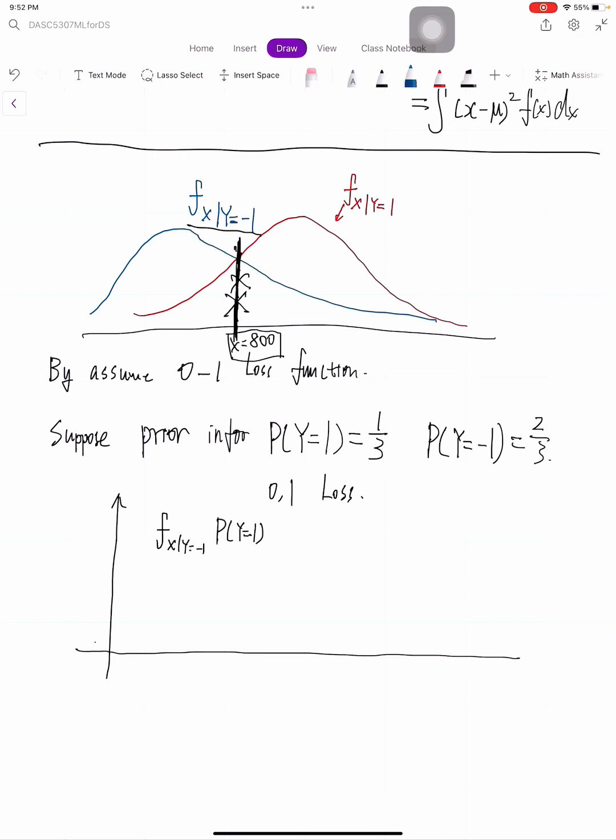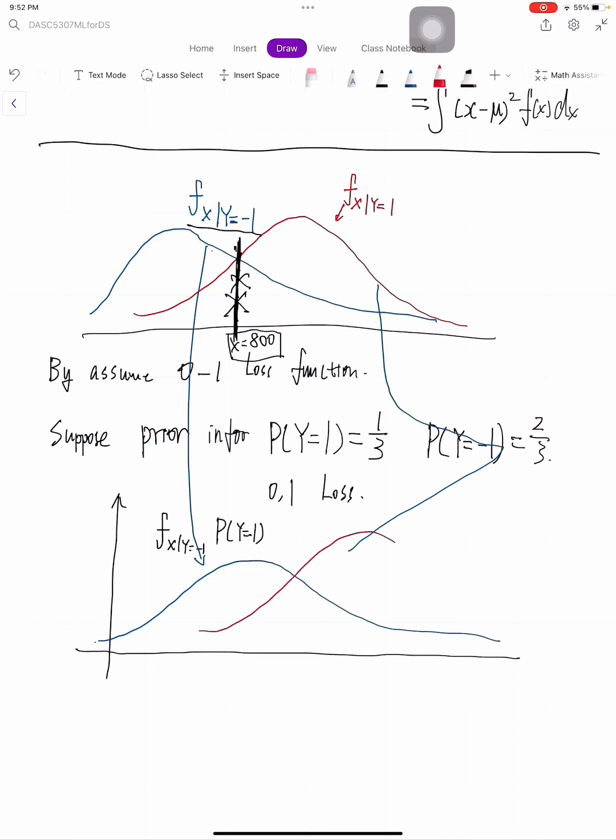So first, we need to calculate the posterior distributions. You multiply by this 2/3 probability, and you normalize it, you get these posterior probabilities.